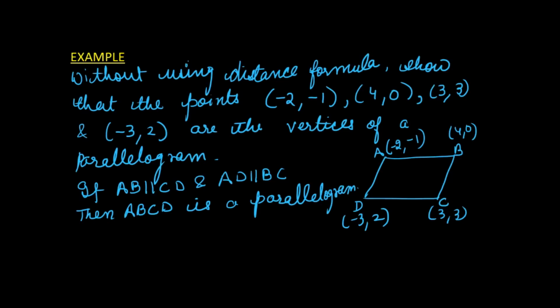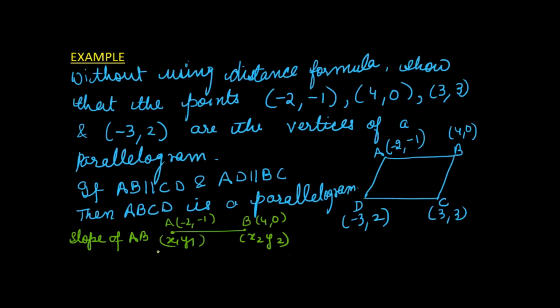Okay, now we have to find the slope of AB, we have to find the slope of CD, and we know that when two lines are parallel, their slopes should be equal. Correct. So let us find the slope of AB. What are the 2 points of AB? A is -2, -1, and B is 4, 0. Let this be x1, y1 and this be x2, y2.